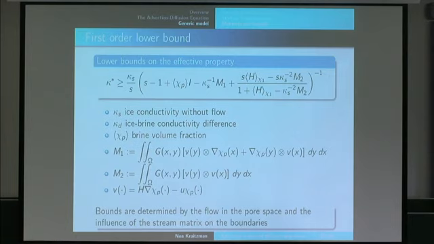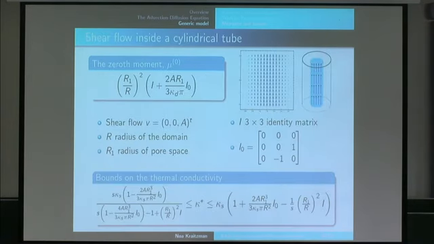Similarly, we can do the same and obtain lower bounds. So these two bounds are obtained using the analytic continuation method. Now, if you give me a specific geometry and a specific flow, then theoretically, I can give you back explicit bounds.